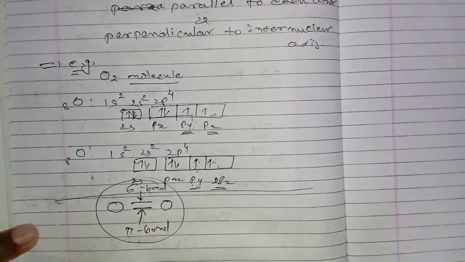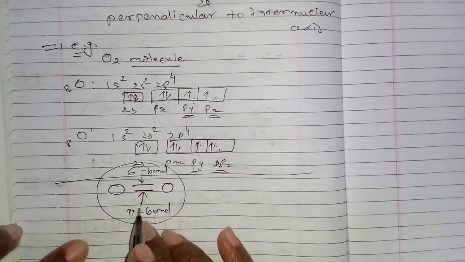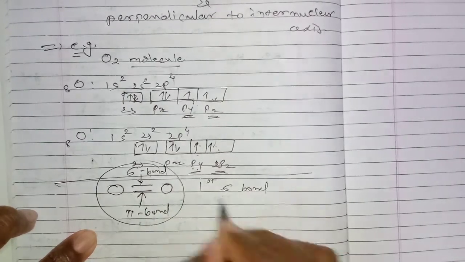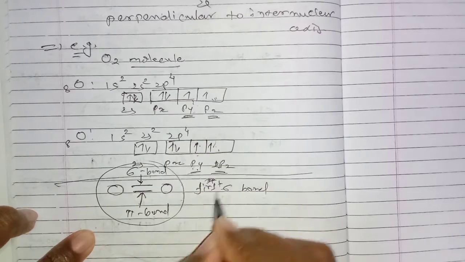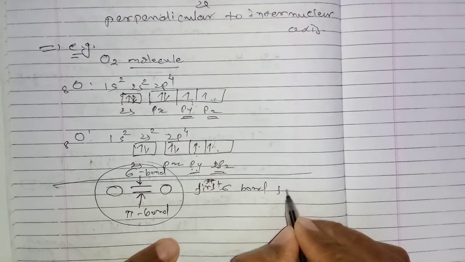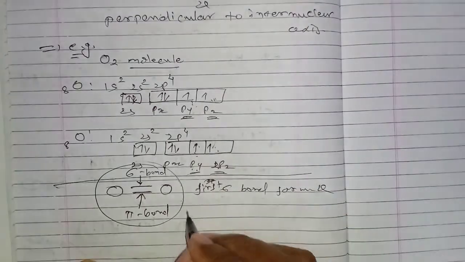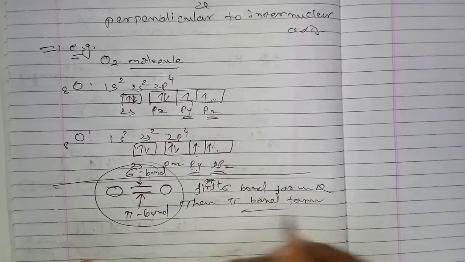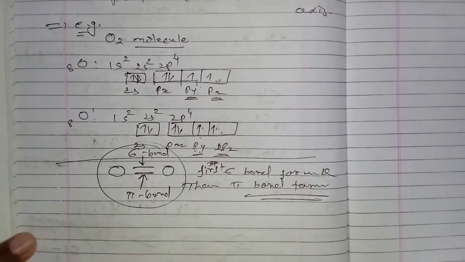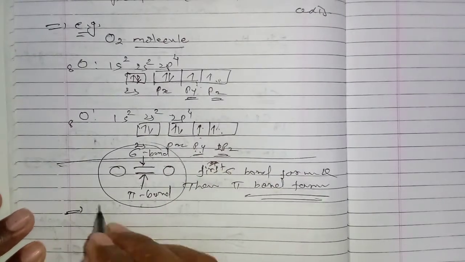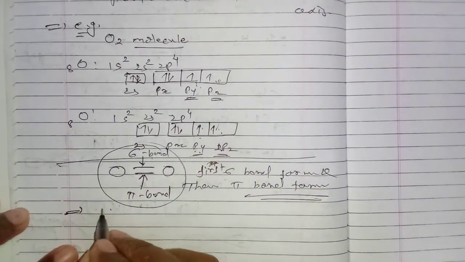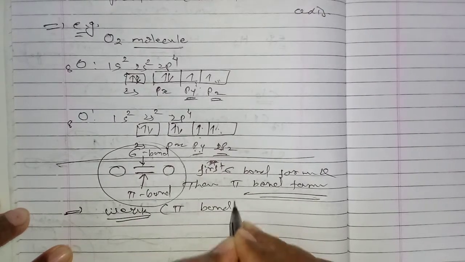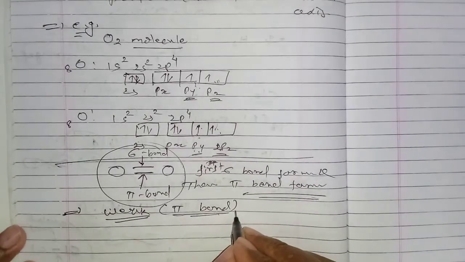Always the first sigma bond is formed, and then the pi bond is formed, and the pi bond is weak.